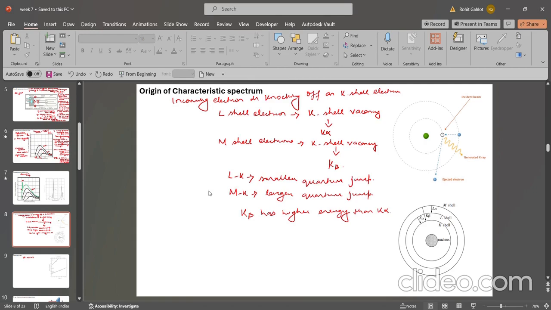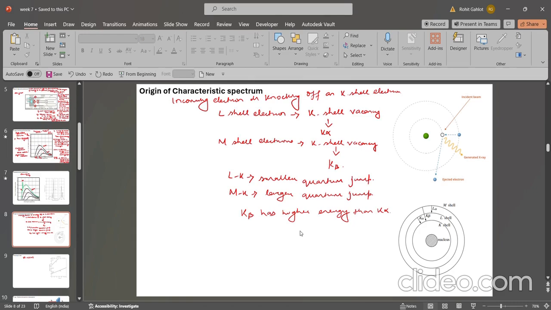So here I've written K alpha 1, K beta, and L to K: a smaller quantum jump, right? From L to K there is a smaller quantum jump, however from M to K there is a larger quantum jump. Therefore K alpha 1 will have a higher intensity compared to K beta.